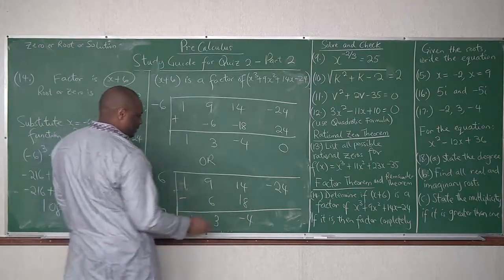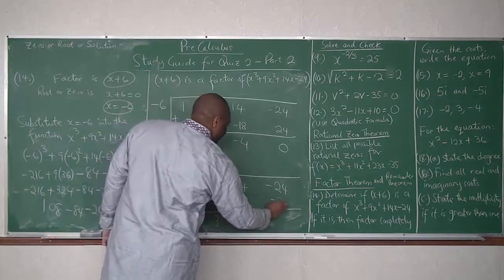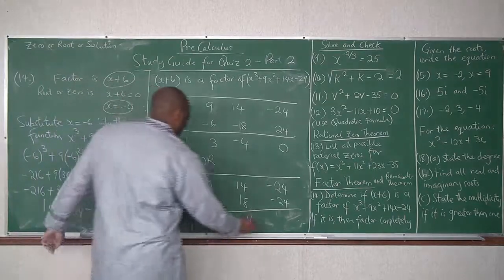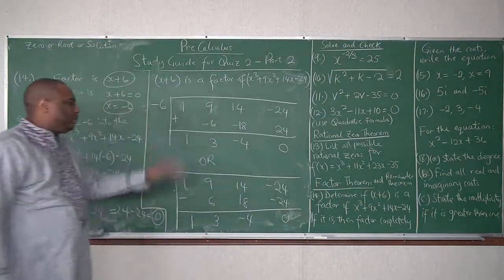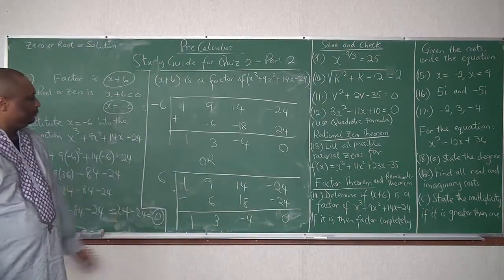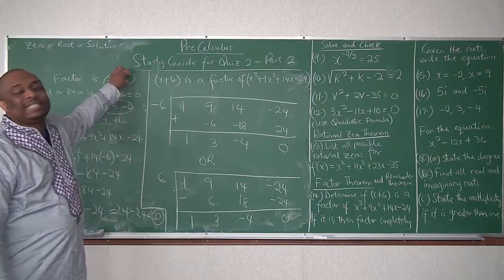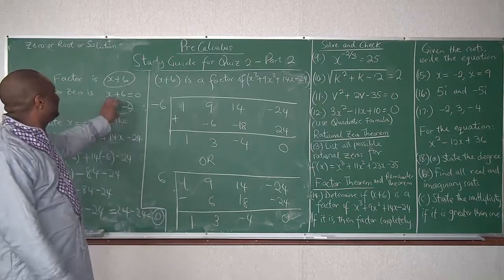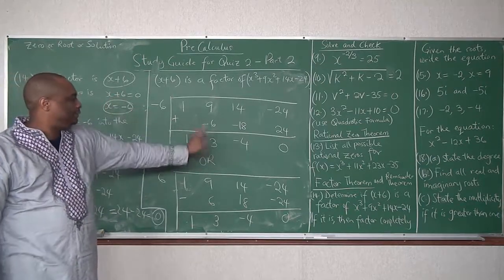And 6 times minus 4 is minus 24. And then minus 24 minus 24 is 0. So whichever one, if you use the constant term of the factor, you subtract. If you use the 0, you add.